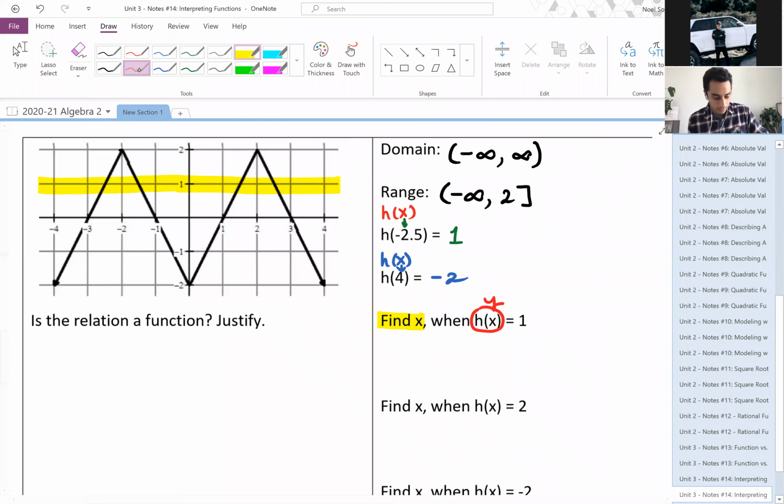Let's find how many points it crosses. I see 1, 2, 3, 4. So it looks like there are going to be up to 4 x values that give me y is 1. All right, what do you think those x values are? If I were to go down, mark the x-axis.